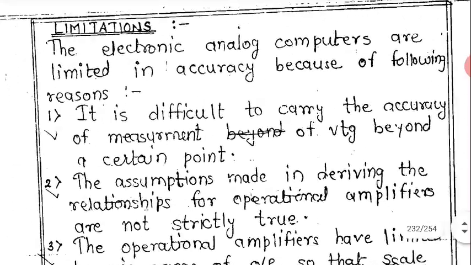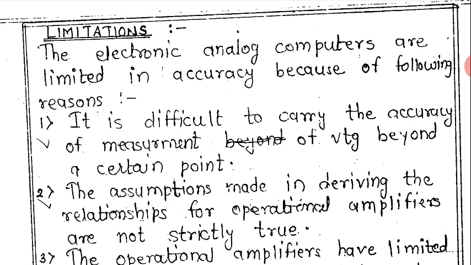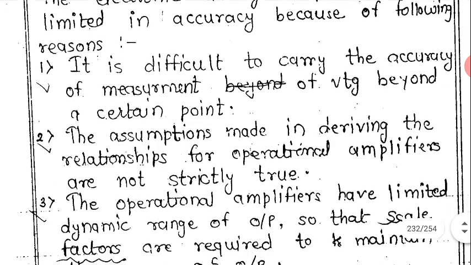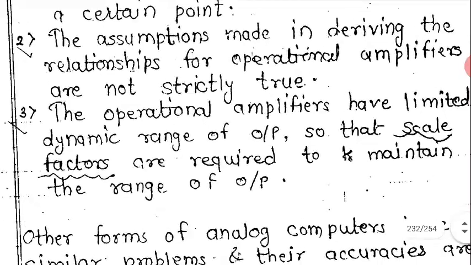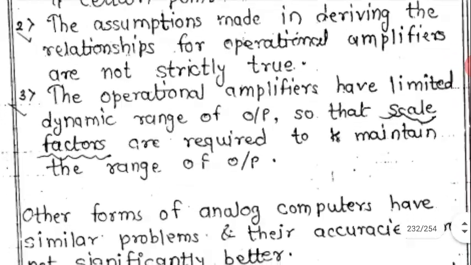Now we will see there are some limitations. These electronic analog computers have limitations in accuracy for the following reasons. It is difficult to carry out accurate measurement of voltage because of limitations of the instrument, because beyond that limit we cannot be sure that it is catching the correct input, so the output may get different values.